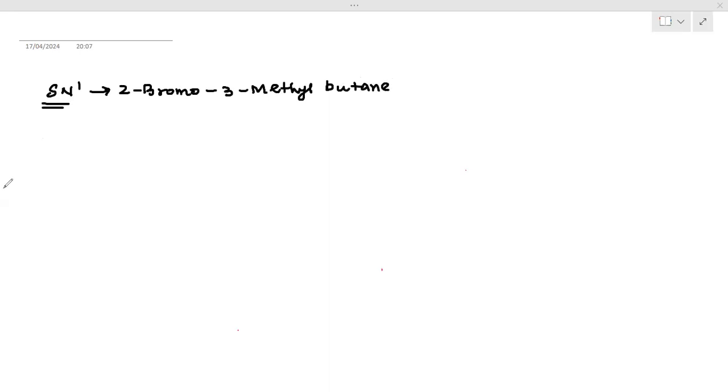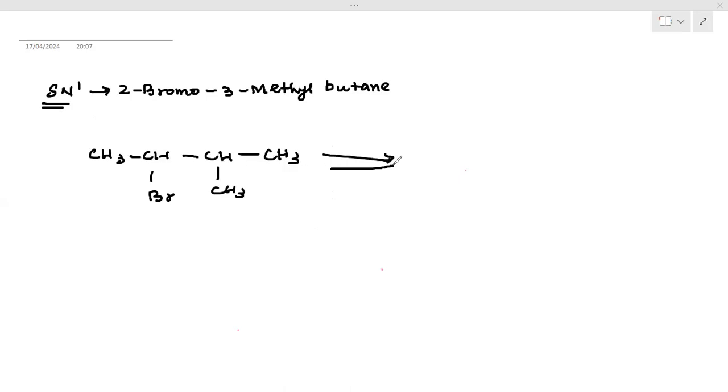This is the compound. When we take this compound, we write 2-bromo-3-methylbutane as CH3, then 2-bromo, 3-methyl, butane. This is our compound, and it is following the SN1 reaction. The first step is the slow step, only the formation of carbocation.